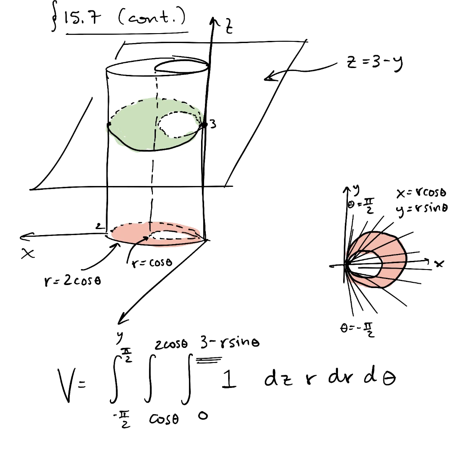So now we have it set up. The only letters involved are z's, r's, and thetas. And now we can simply integrate just as we would on any other triple integral. If you're doing the inside integral first, so say this one, that's the integral of 1 dz, so that's z, and then you plug in the limits, and then you do the next integral, say this one.